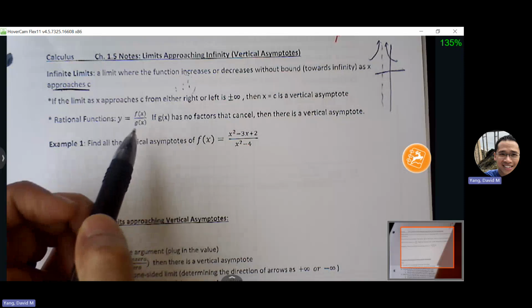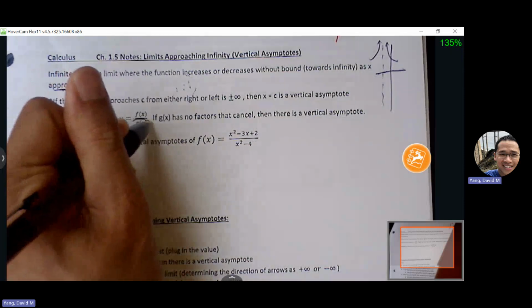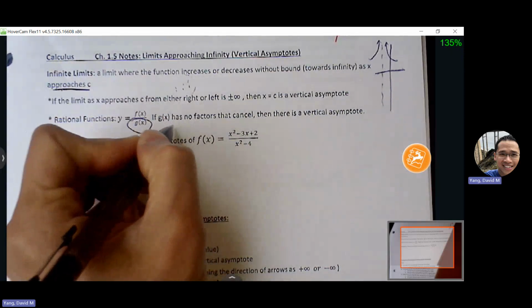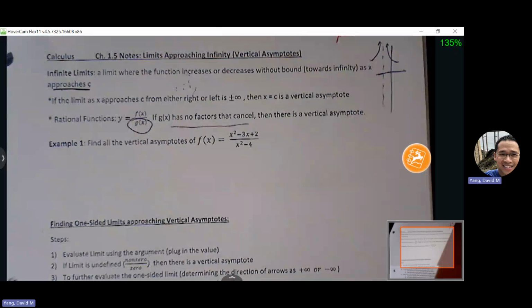The way we find vertical asymptotes is we look at the denominator factors that have no factors that can cancel. If your denominator doesn't have a matching pair of factors in the numerator, we know that that's a vertical asymptote, because if there was a matching pair, then that discontinuity would be a hole in the graph.